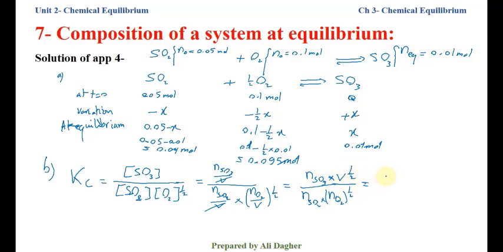Number of mole of SO3 equals 0.01 at equilibrium, times volume 1 power half, which equals 1, over NSO2, 0.04, times number of mole of O2, 0.095, power half. Using a calculator you can find the answer. It should be without unit.